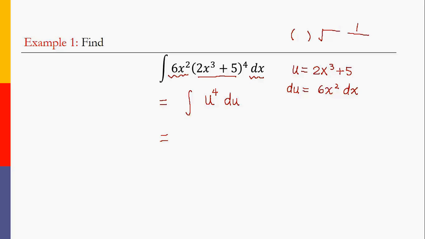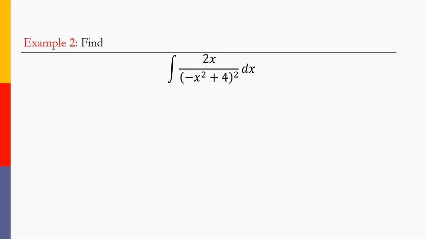And the antiderivative of this integral is just u to the fifth power divided by 5 plus c. Now the last step of u sub is to change the u expression back to the original expression, 2x cubed plus 5 to the fifth power divided by 5 plus c.